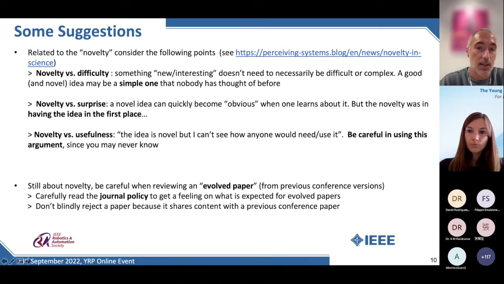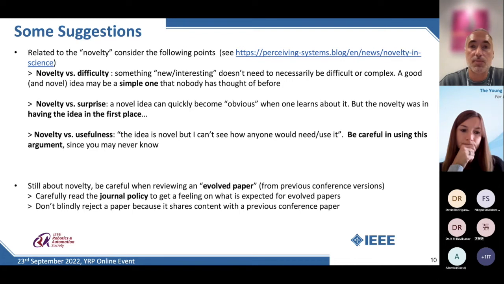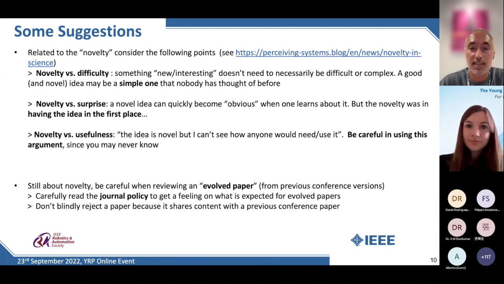Now, just about novelty, be very careful, as also Marta said, when you're reviewing an evolved paper. Some journals, like for example Transactions on Robotics, have what is known as the evolutionary paradigm, where basically you are writing a journal paper which is an extended version of a previous conference paper.